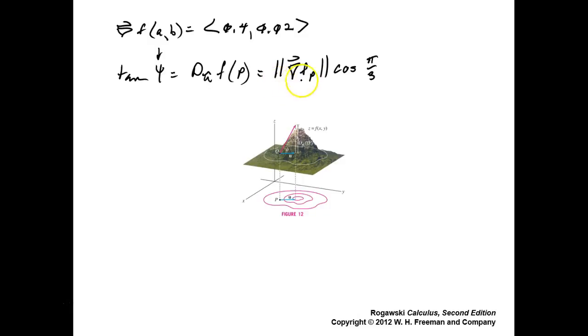Now we can do this. What we need to do, first, of course, is get the magnitude of your gradient vector. We know what the gradient vector is. F of p, f of a b, that means the same thing. If you know the components, what's the magnitude?